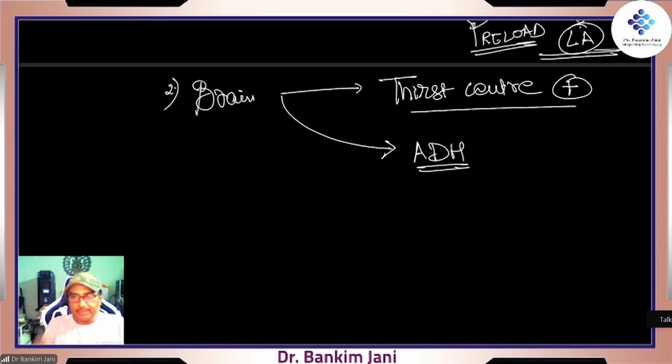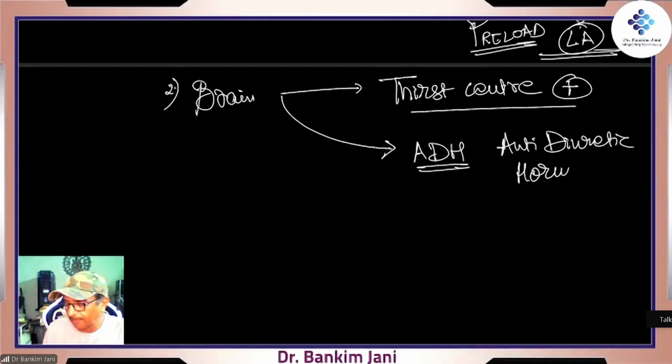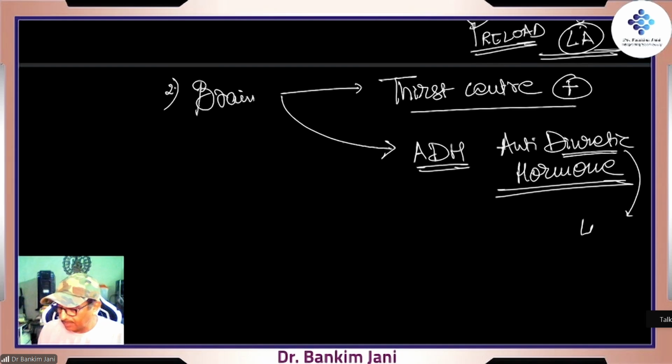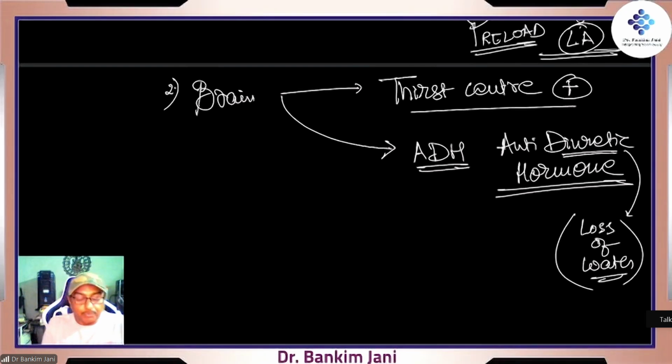we'll be learning ADH in full detail within a few minutes, right? So this is antidiuretic hormone. Diuresis means loss of water. So the brain is told by angiotensin to save water.